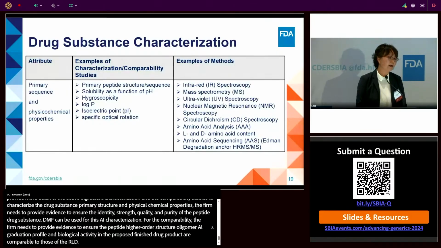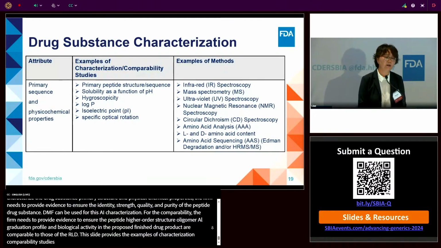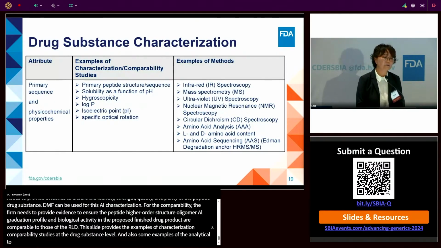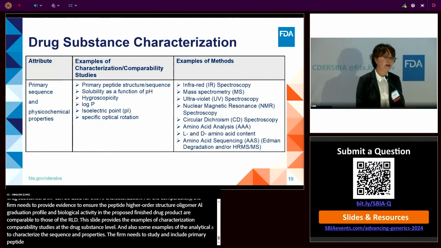This slide provides the examples of characterization comparability studies at the drug substance level, and also some examples of the analytical methods. To characterize the primary sequence and physical chemical properties, the firm's study needs to include primary peptide structure sequence, solubility as a function of pH, high growth capacity, log P, isoelectric point, specific optical rotation.